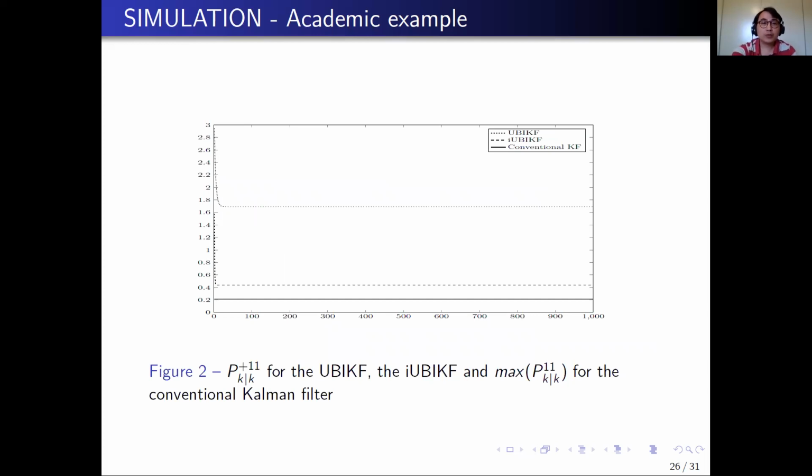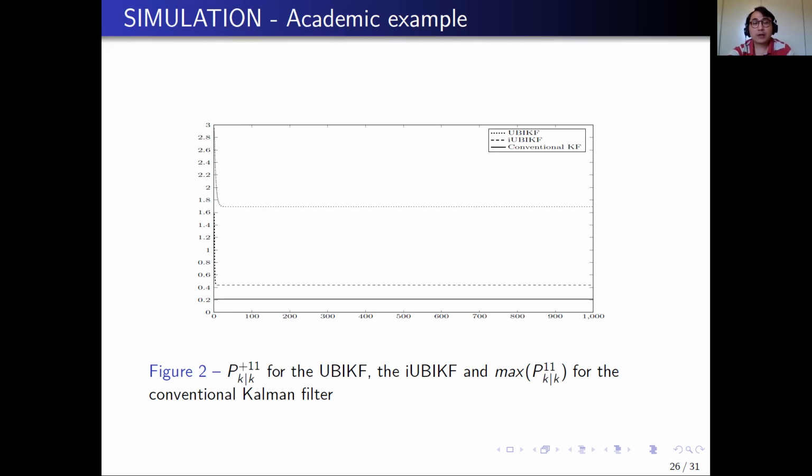Now we want to compare the error covariance upper bound provided by the two filters with reference to the error covariance provided by the conventional Kalman filter. We do as follows.